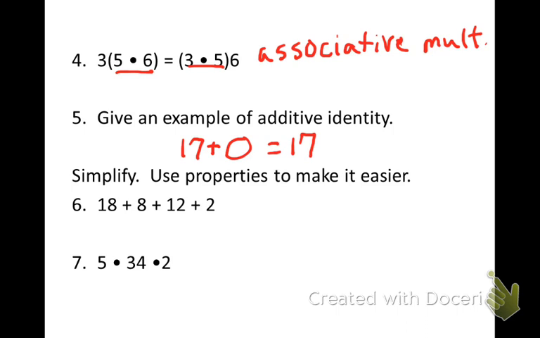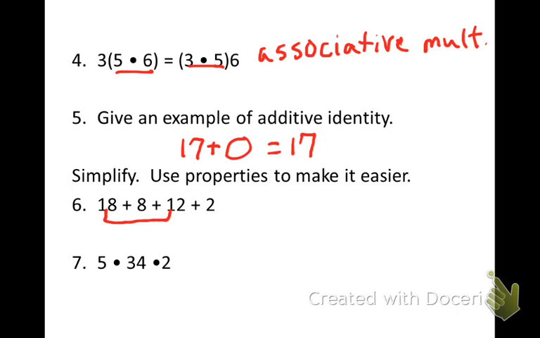Now one reason we're learning these properties is so we can use them to make math easier. So here in number 6, I want to add these numbers. Well, normally we've learned order of operations, all addition and subtraction work left to right. But you use these properties, which says commutative, says you can change the order if they're all addition. So I'm going to look at grouping things that might be easy to add, because 8 and 2 end in 0 when you add them.